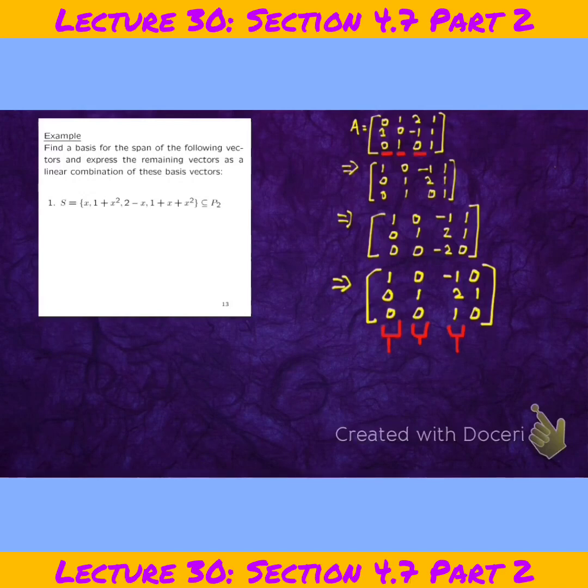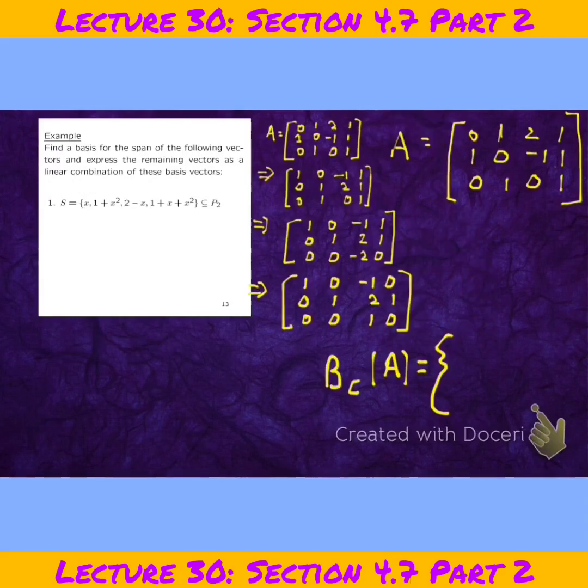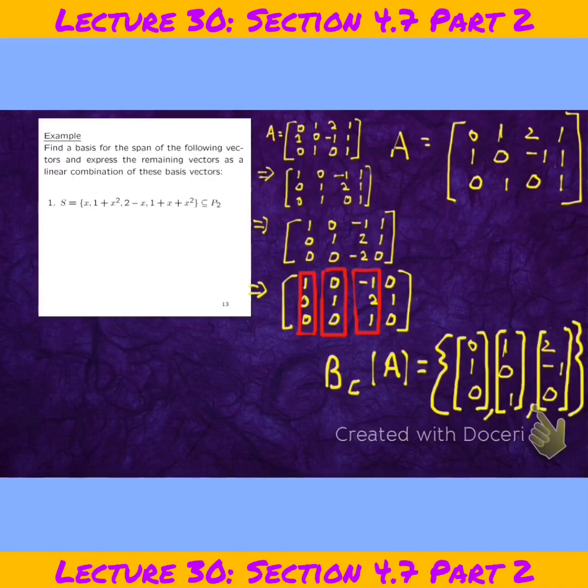So therefore, the basis vectors for my column space of A become, okay, there's my first vector, there's my second vector, and there's my third vector. So there's my completed basis for my column space of my matrix A.